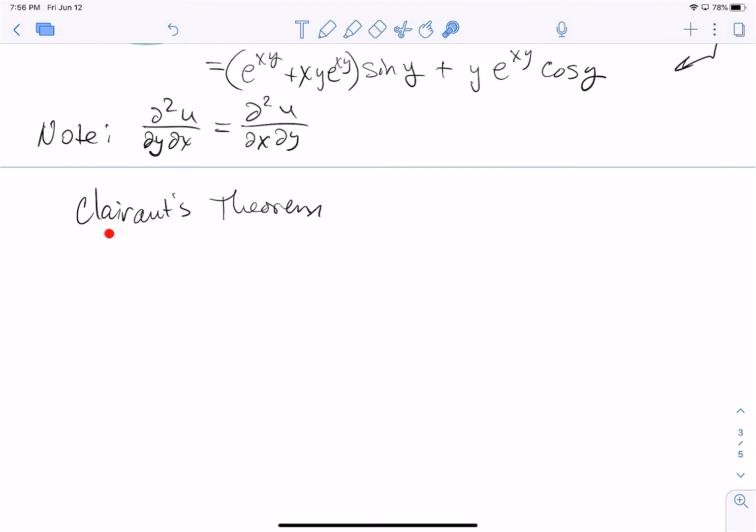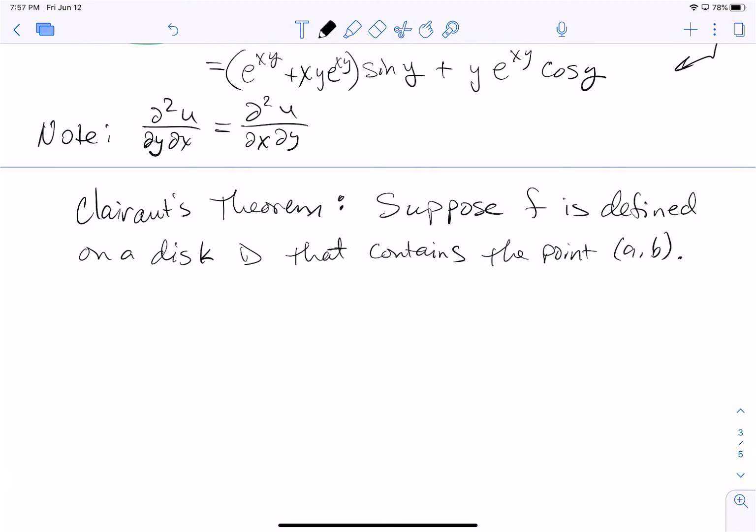That's C-L-A-I-R-A-U-T, Clairaut's theorem. And it says, suppose that f is defined on a disk D that contains the point (a, b).